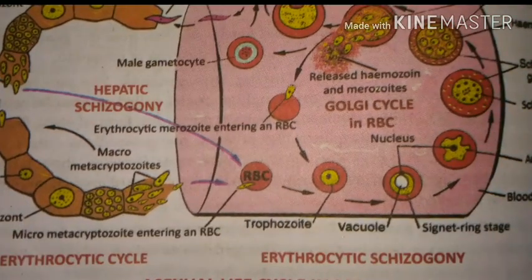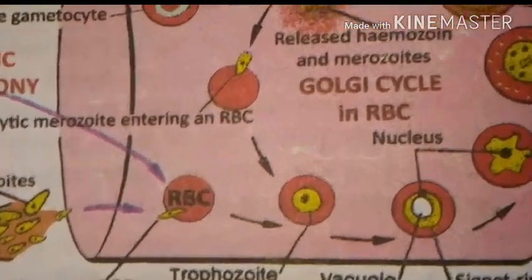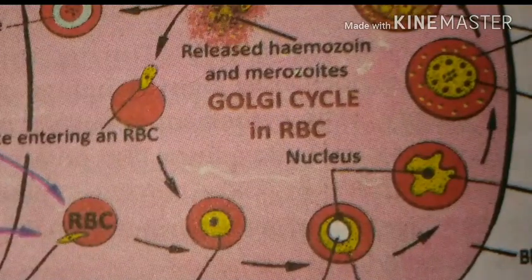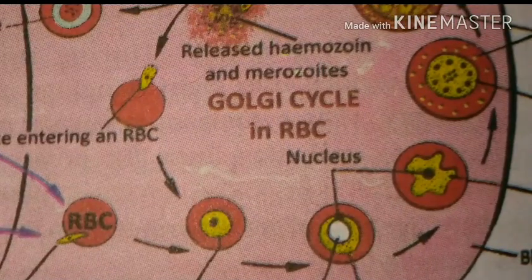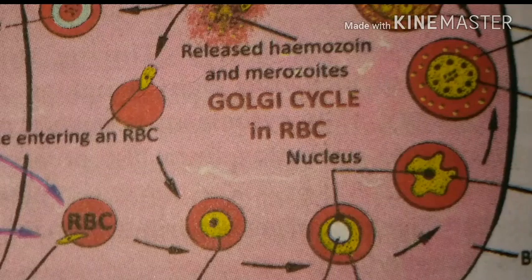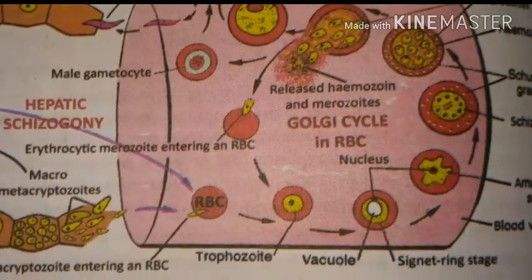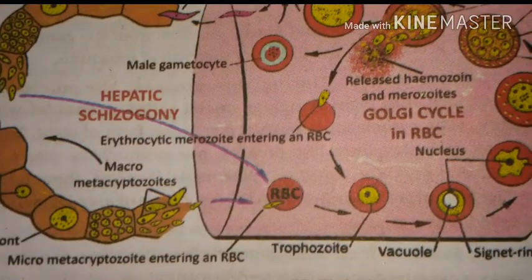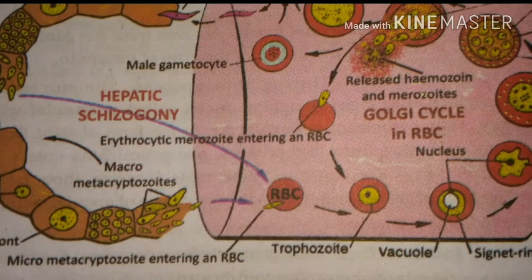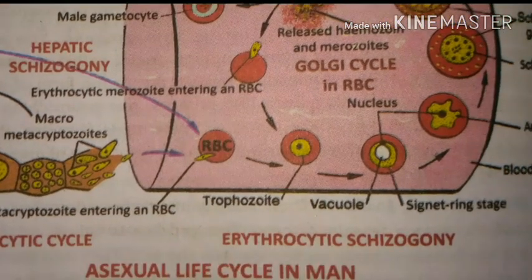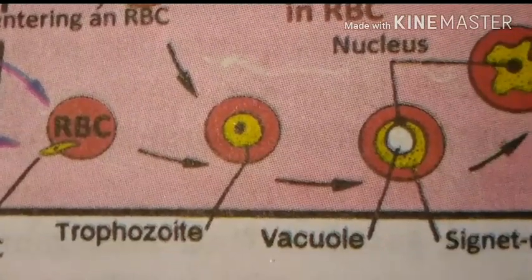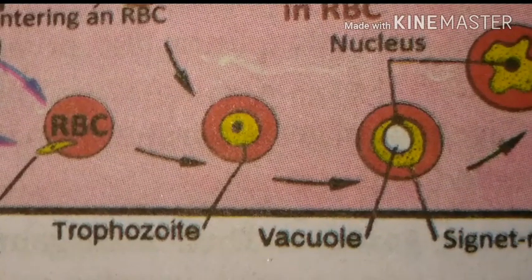Erythrocytic cycle. It was first discovered by Camillo Golgi, hence it is called the Golgi cycle. This cycle is initiated by the cryptozoites of the pre-erythrocytic cycle. They transform into trophozoites that develop a small vacuole which gradually enlarges, pushing the cytoplasm and nucleus peripherally.